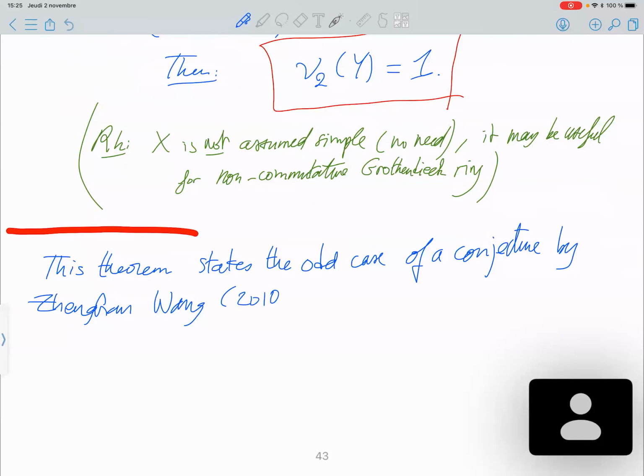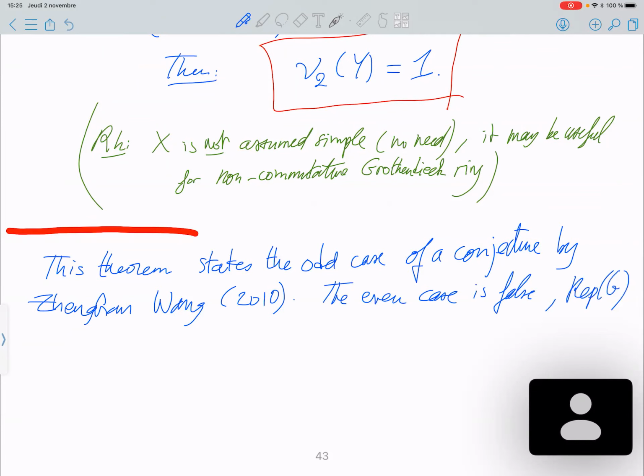He stated this conjecture in 2010, at least I found a paper from this year. I don't know if it was stated before. So the even case is false.